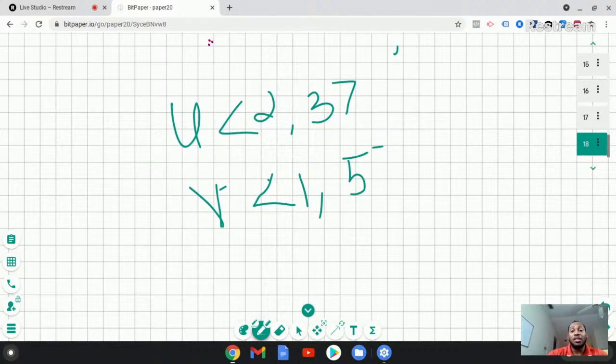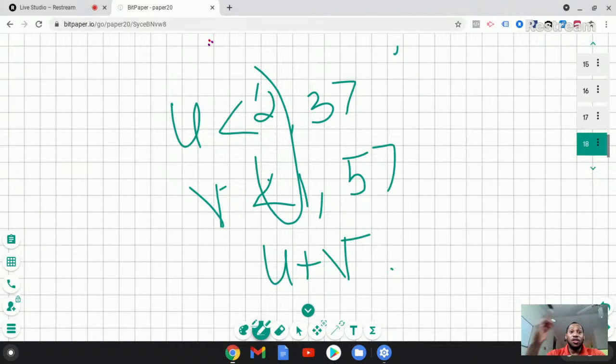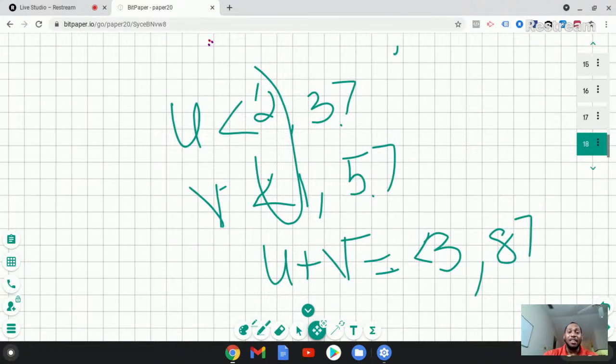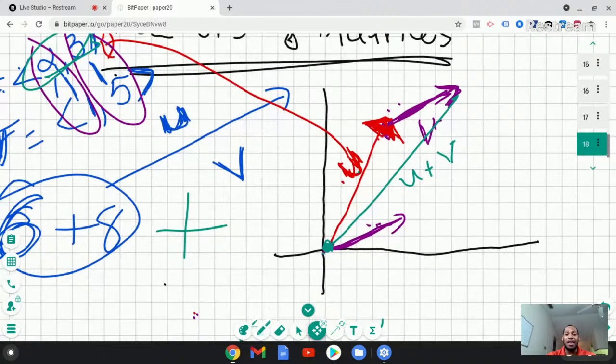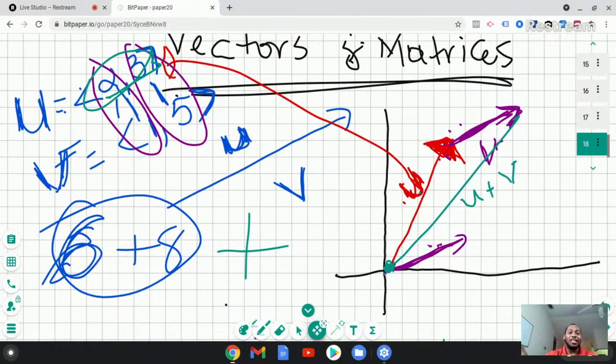So 2, 3 plus 1, 5. I add the 2 and the 1. 2 plus 1 is 3, sorry. And then I add the 3 and the 5. What is 3 plus 5? 8. And that's the resulting vector that we have in green. The representation here is not the actual representation of those numbers, I didn't take the time to draw it, but the idea is this is how you do it. You can do it in numbers and also graphically.